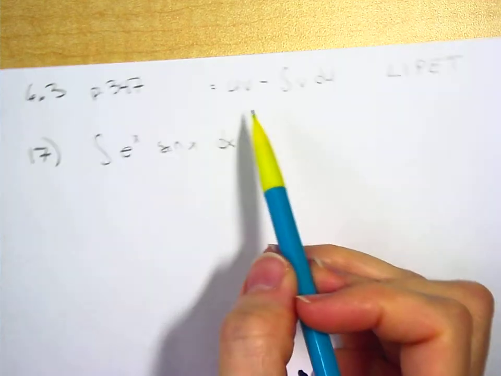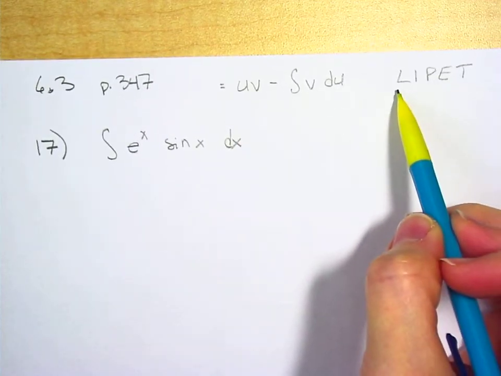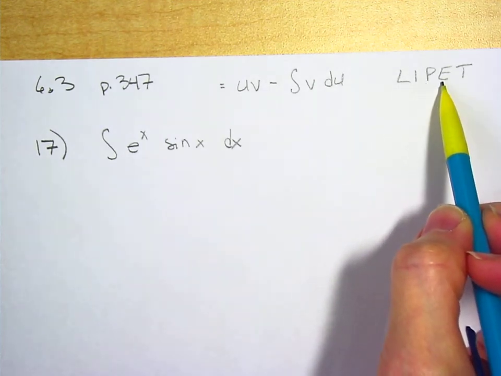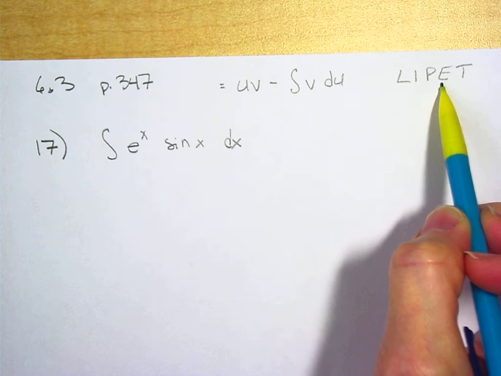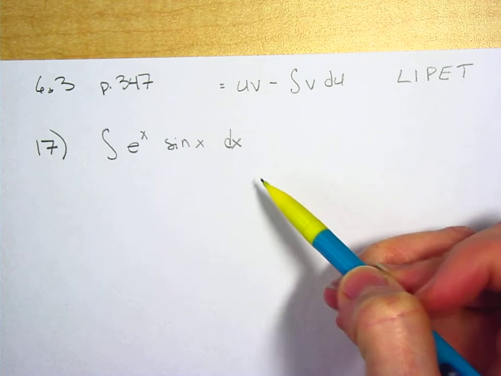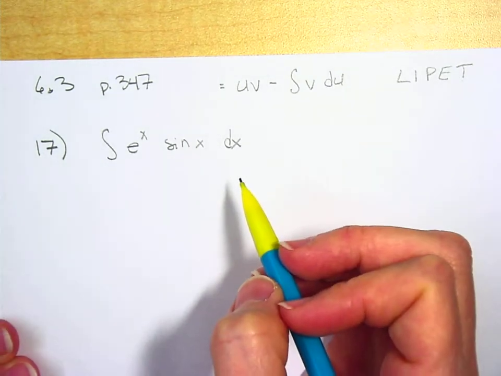So you know it's integration by parts. It tells you in the directions. And so we want to think LIPET, which is logarithm, inverse, polynomials, exponentials, and trigonometric. Now I can tell you I've done this problem both ways, and it doesn't matter that much what you pick.